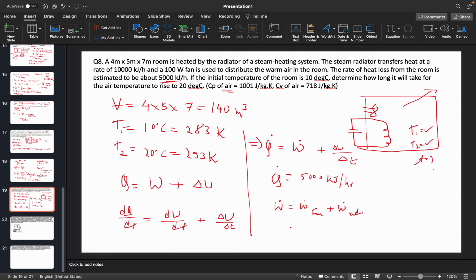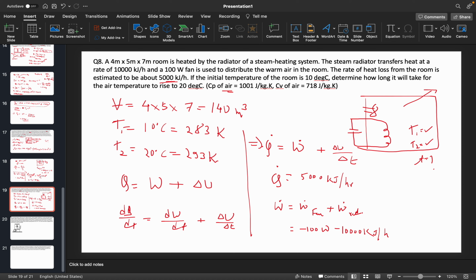So W dot fan, it is doing work on the system, so it is minus 100. Fan is given in terms of watt, and the radiator is also doing work on the system, 10,000 kilojoule per hour. Yeah, it's correct.